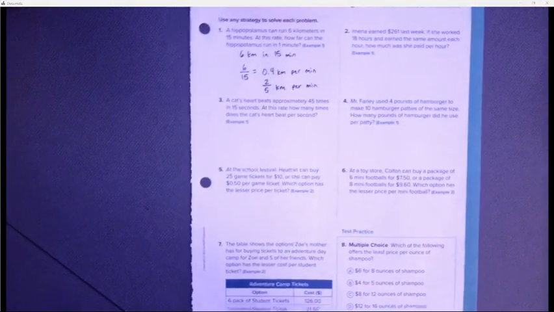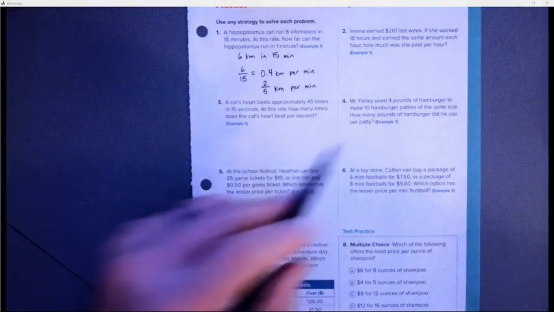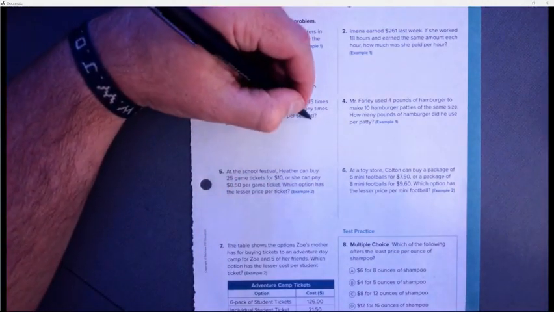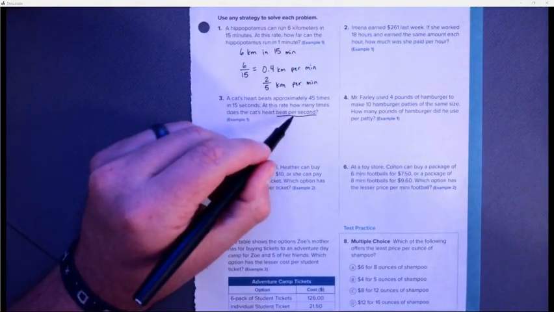Now let's look at number 3. A cat's heart beats approximately 45 times in 15 seconds. At this rate, how many times does a cat's heart beat per second? We have some key terms in there that trigger us to know what we need to do here. We see the term beat per second. Since we see beat per second, we know it's going to be beats divided by seconds.